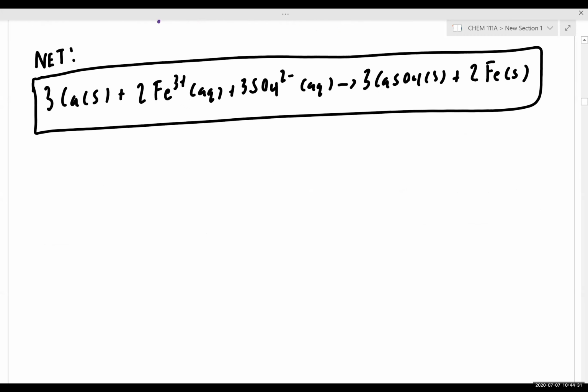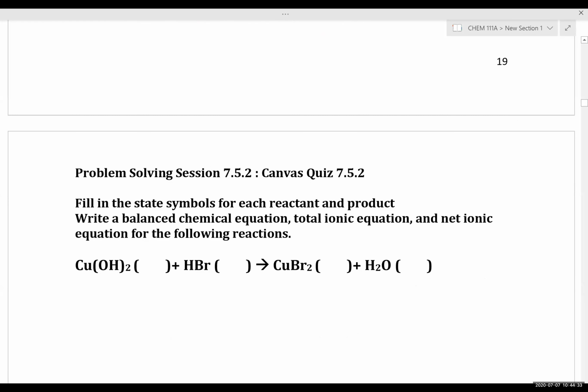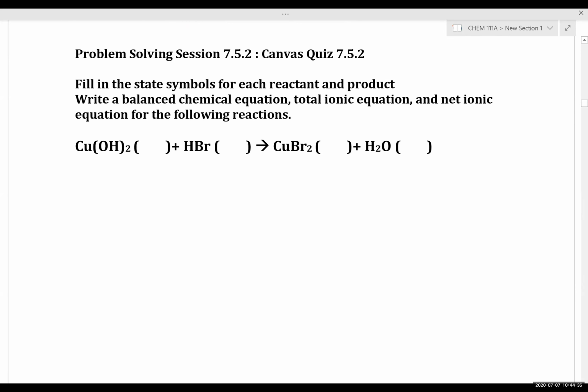Let's practice another example. So let's look at the following problem. Let's assign state symbols and balance this chemical equation. And then once we balance the chemical equation, we'll then write a total ionic and net ionic equation.